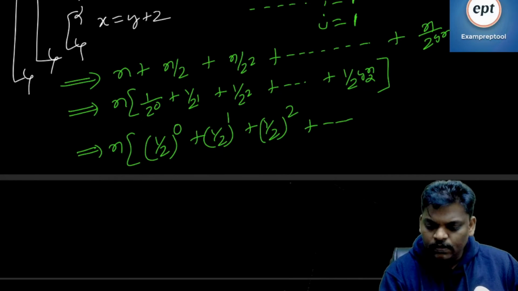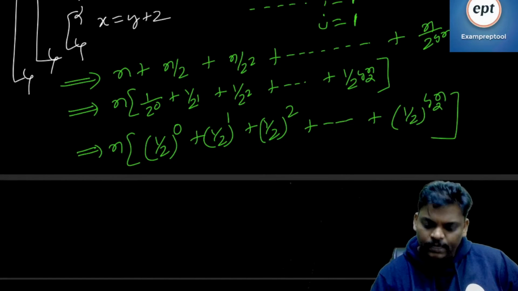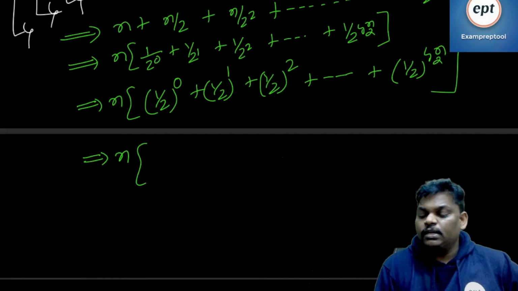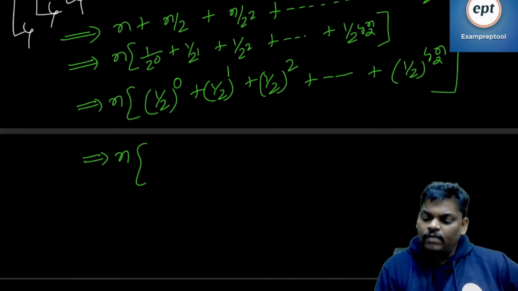Lastly, 1 by 2 whole power log n. Right, next one, n common. I think it is clear to everyone now. It is a GP series where R value is less than 1.